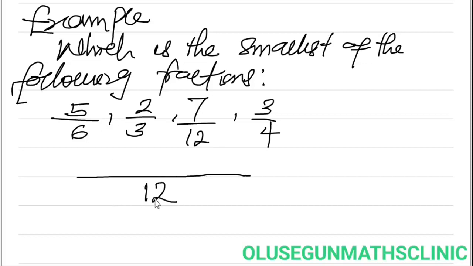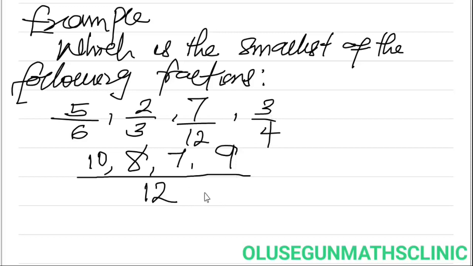12 divided by 6 gives us 2. The 2 multiplies 5, which gives us 10. 12 divided by 3 gives us 4. The 4 multiplies 2, which gives us 8. 12 divided by 12 gives us 1. 1 times 7 is 7. 12 divided by 4 gives us 3. 3 times 3 gives us 9.